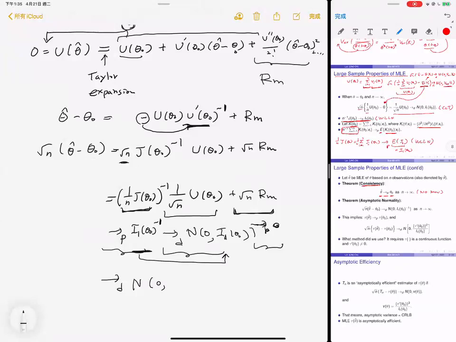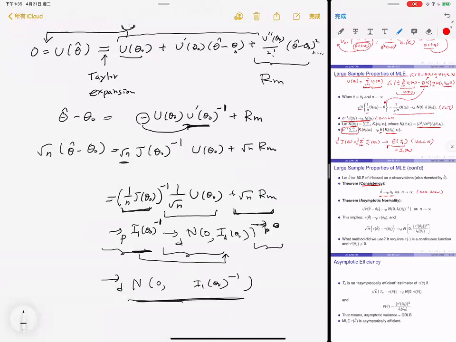And then I1 inverse squared times I1 theta 0, and eventually it becomes I1 inverse theta 0. So right here it becomes I1 inverse.